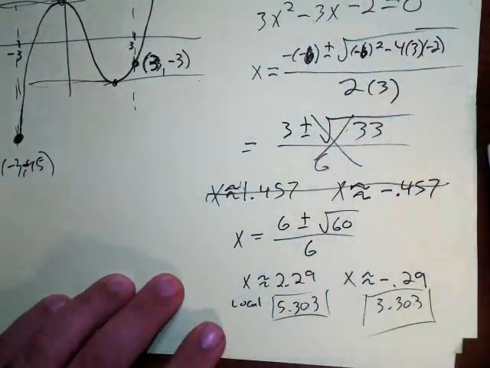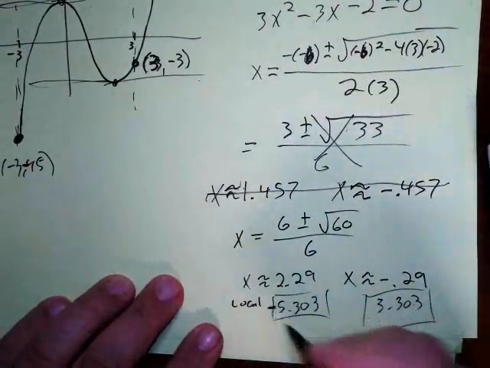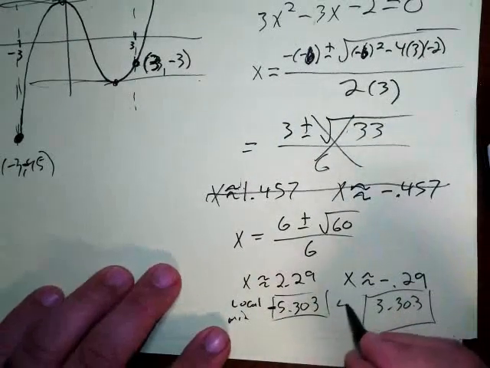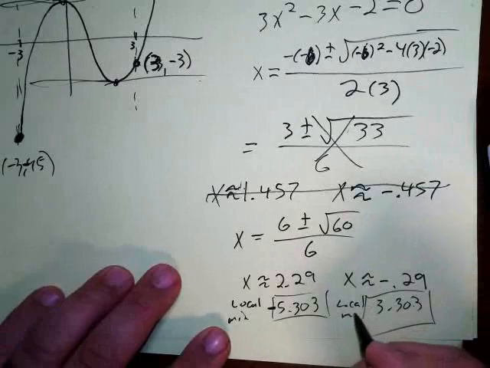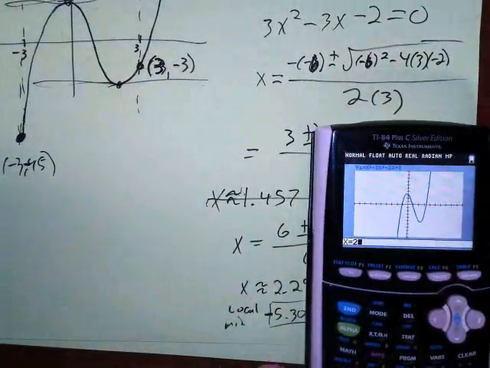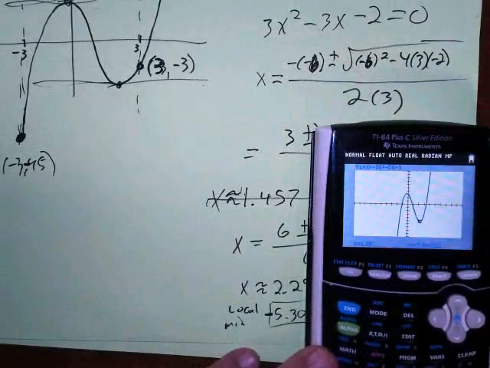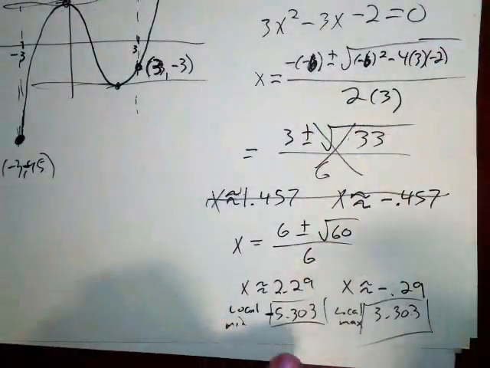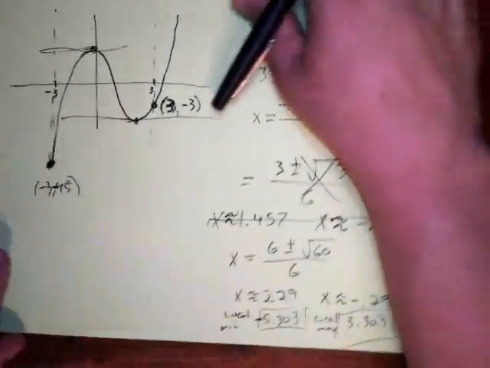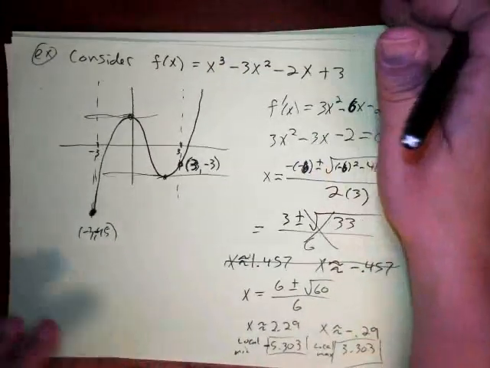That's actually, this probably should have been negative here. Local min, local max. And let me just put in 2.29 again. Yeah, negative 5.303.